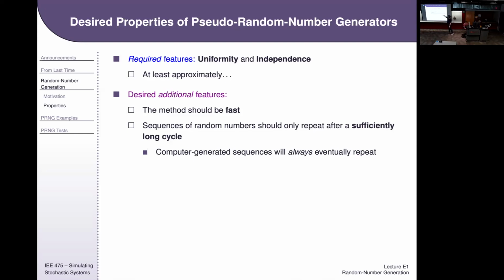The cycle will always repeat. You can mathematically prove that. There are a finite number of states that can be represented inside a computer. Because of that, and because the computer doesn't have a true source of randomness, it is impossible for it not to eventually repeat a cycle of numbers. But I want it to be very, very long until that happens.